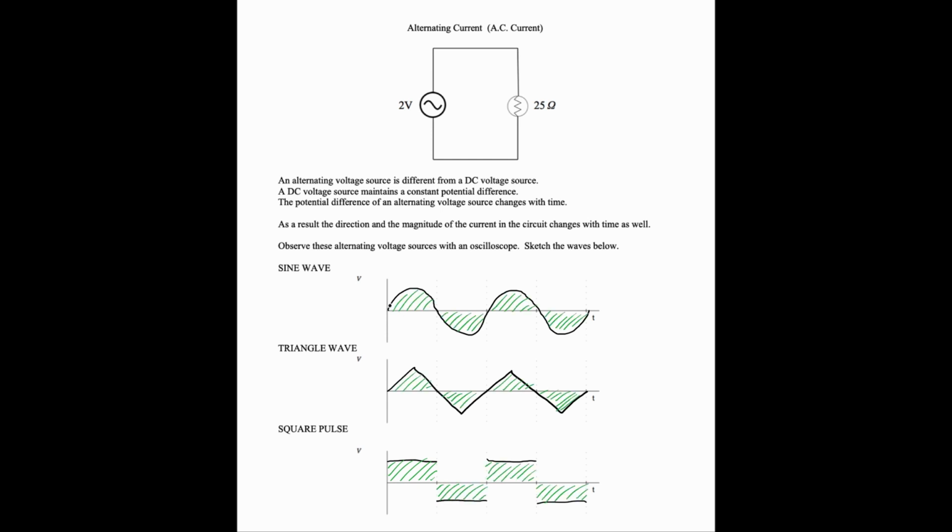Now, what does it really mean for the voltage of the source to vary with time? This is a graph of the potential across the source with time. And I'll draw several pictures. Here's our source at time 0, when the phase is equal to 0.